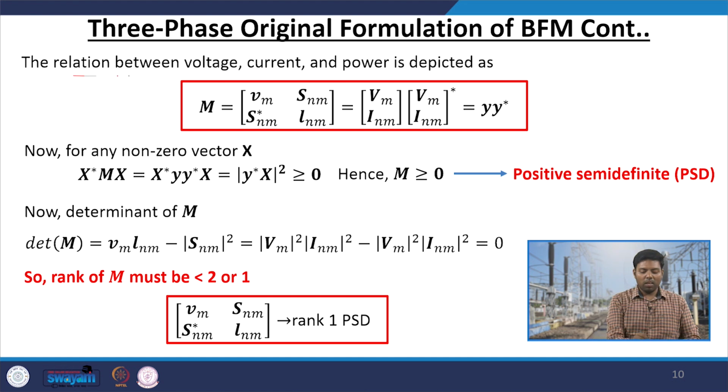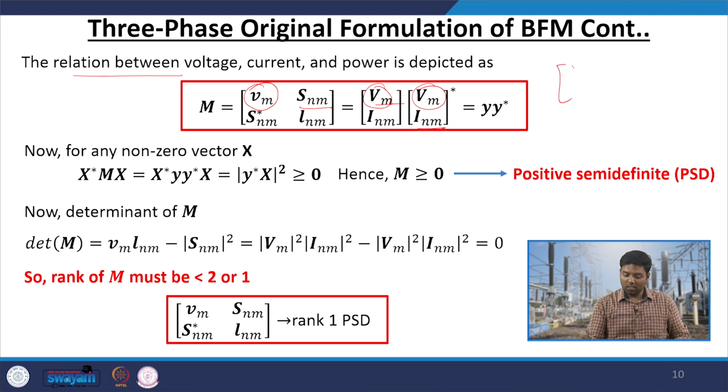Now, you have to establish the relation between voltage, current and power. You can see that this is the square of the voltage. This multiplied with the complex conjugate V m star will give you V m. Similarly, S is V into I n m star.